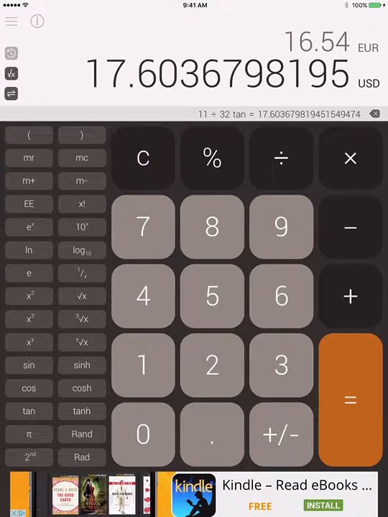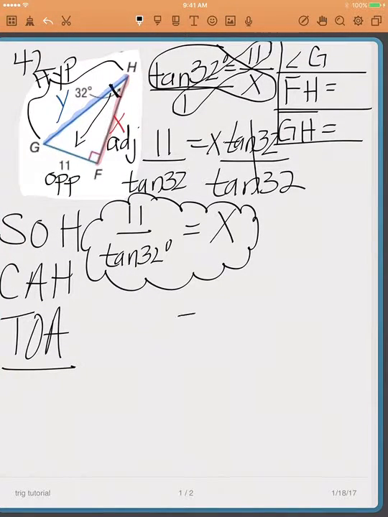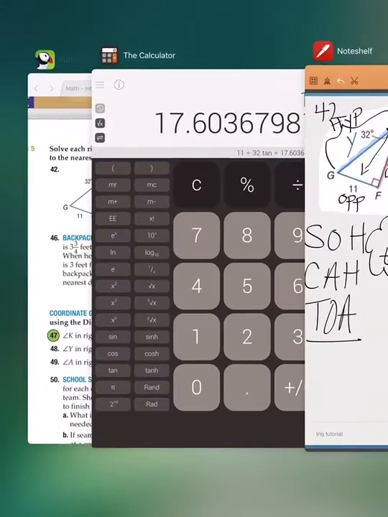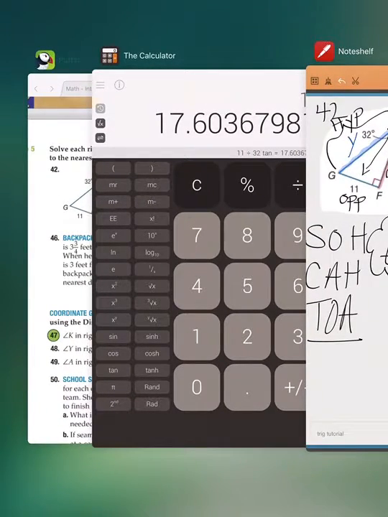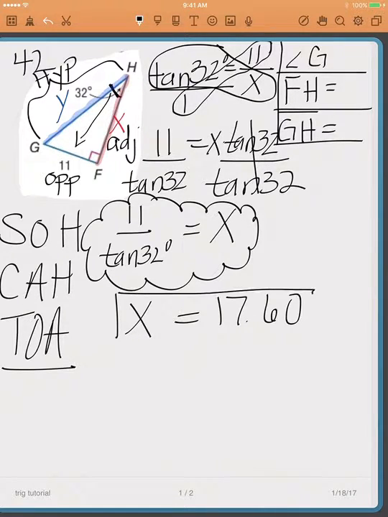So I just did 11 divided by the tangent of 32, and I got 17.60. And that's going to be x.